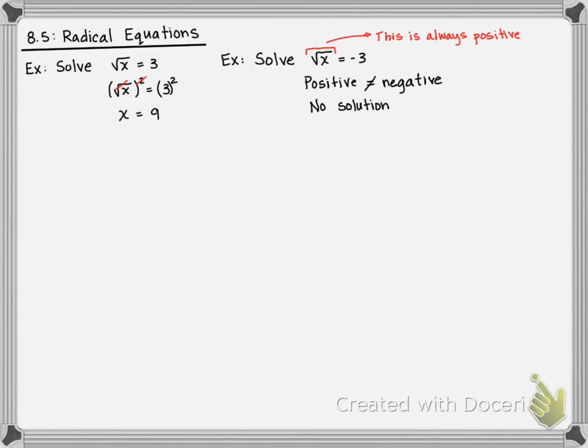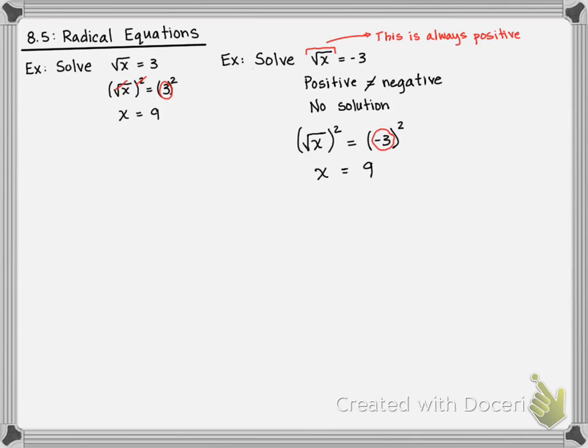So what happens here is that when we square both sides, let me rewrite this. When we get to that last step, after squaring both sides, your equation doesn't know whether this was a 3 or a -3 because you get 9 either way.